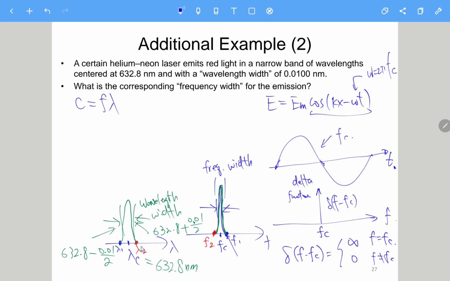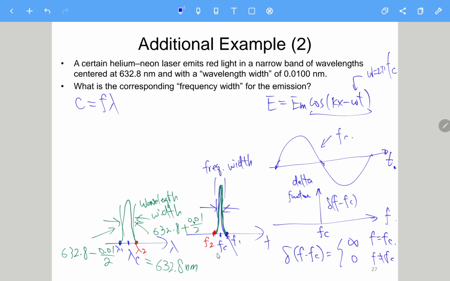So lambda 2 minus lambda 1 is actually this wavelength width, and then you can just plug in lambda 1 and lambda 2 to find f1 and f2. But here f1 is larger than f2, so the frequency width is f1 minus f2. Okay, so this is the physical interpretation.